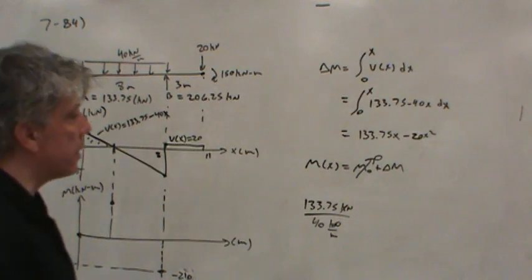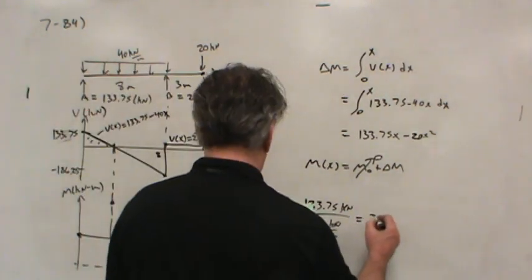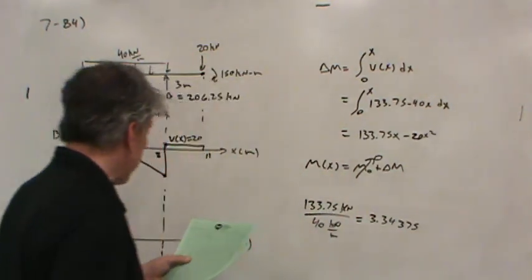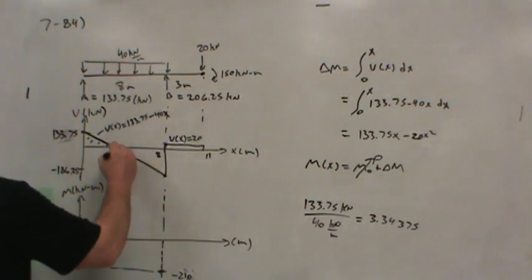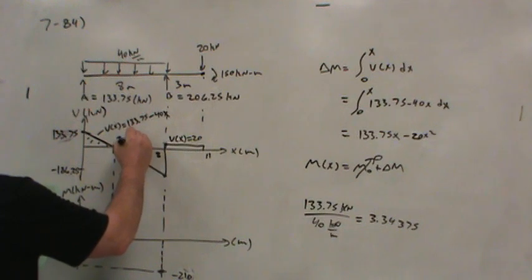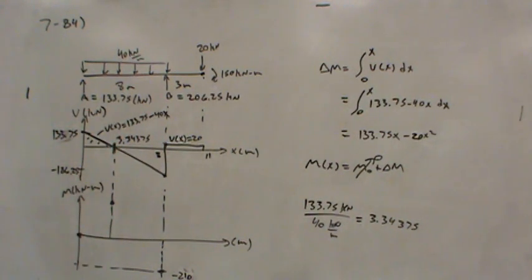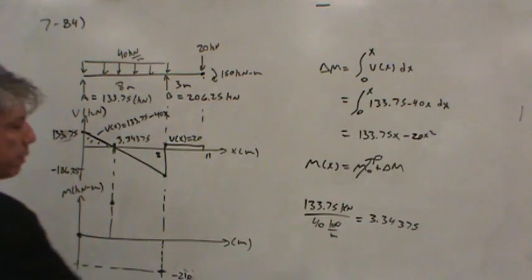We get meters out of this. Now, if you do the math, you'll find this is 3.34375, and I don't think I rounded that off, as I recall. So 3.34375 is the x value where we expect to find the maximum moment.